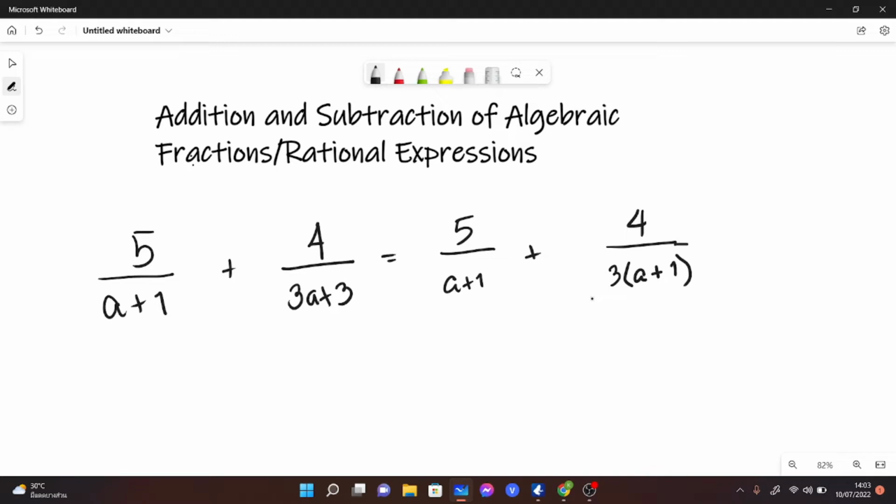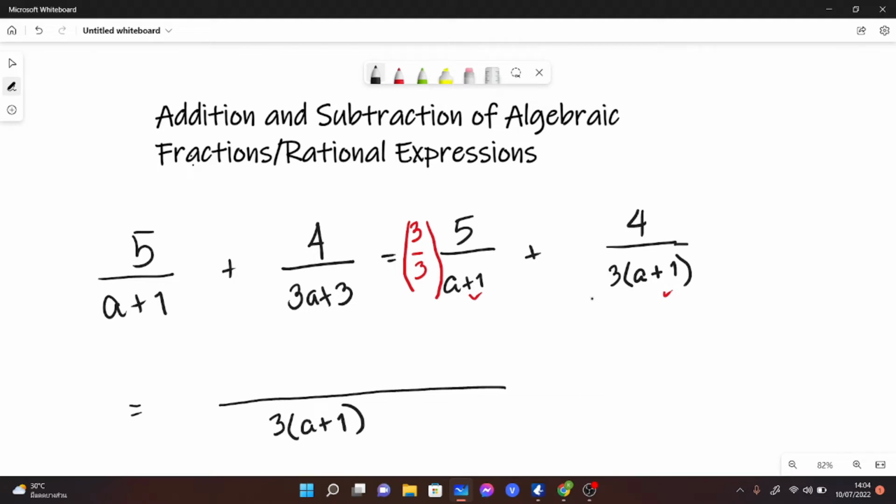Notice that we have a plus 1 here, and then we have a plus 1 here. So all we need to do is to multiply by 3 over 3 for the first term, so that we can have the same denominator of 3 times quantity a plus 1.